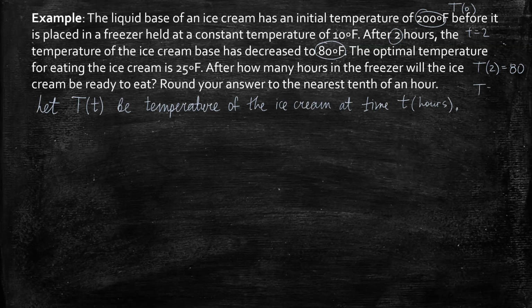So this is our optimal temperature, and it's asking us how many hours in the freezer. So the question is to find lowercase t such that the uppercase T is equal to 25. So this is how I understand this question.